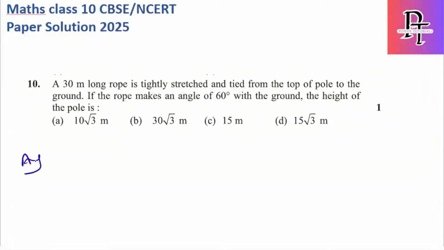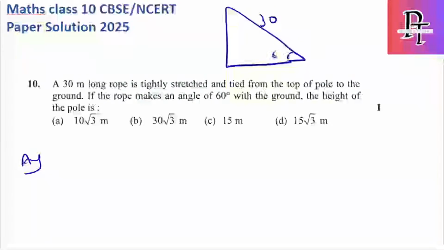A 30-meter long rope is tightly stretched and tied from the top of a pole to the ground. If the rope makes an angle 60 with the ground, find the height. So this question relates to the applications of trigonometry, which is heights and distances. The rope is tied to a pole, and the rope is making an angle of 60. They're asking height. So we have the opposite side and hypotenuse, so we have to use sin theta.